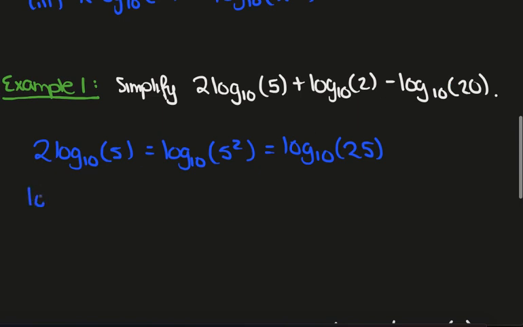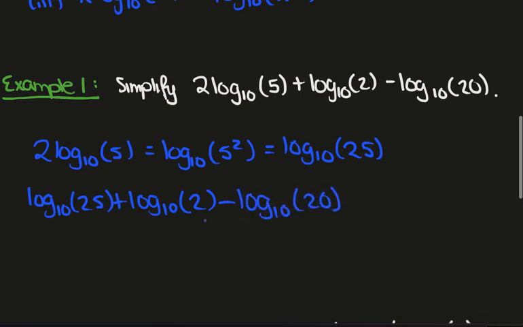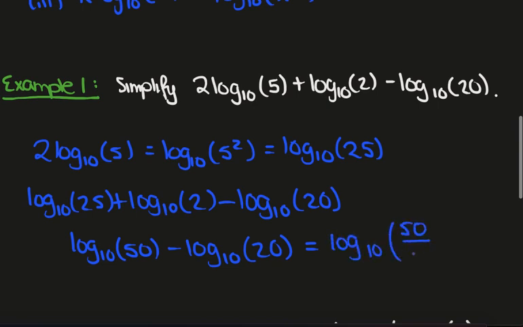So what we have now is log 10 25 plus log 10 2 minus log 10 20. Now if we add logs, we multiply the insides. So this gives us log 10 of 50 minus log 10 20. And if we subtract logs, we divide the insides. So I have log 10 of 50 over 20, which is log 10 of 5 over 2.